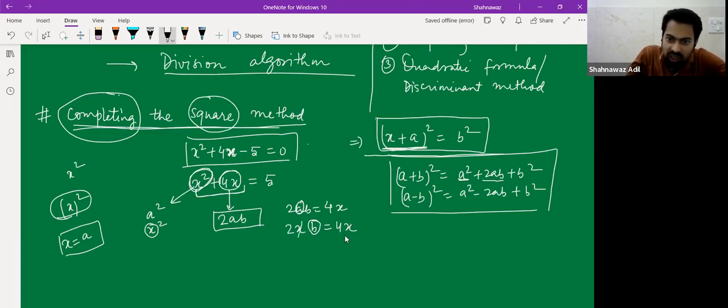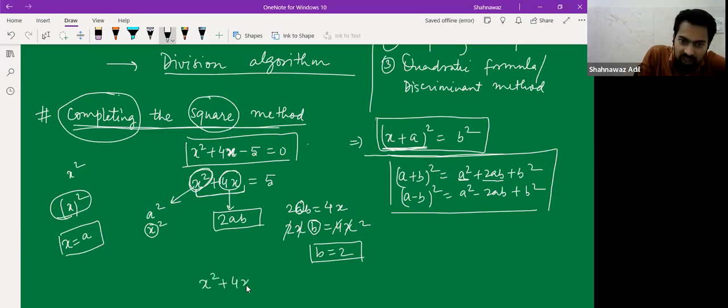So x cancels, this cancels. So b is how much? 2, right? So we had x square plus 4x. This is a square, this is 2ab, and now we know b, right? So to make it a complete square, we have to add b square, right?